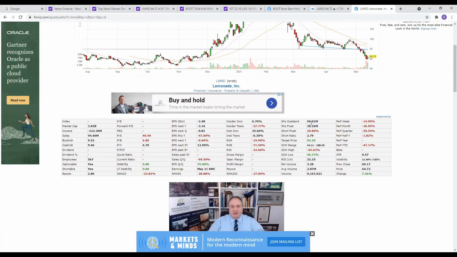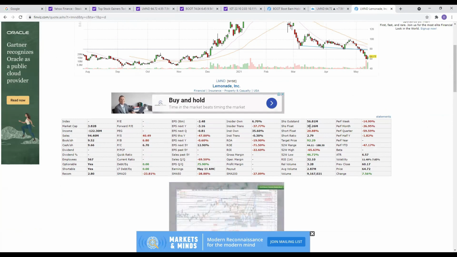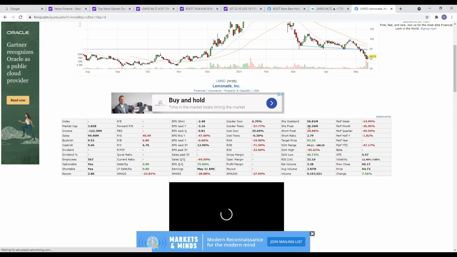The float is 38 million. The shares outstanding is 56 million. So the float is less than the shares outstanding, meaning that there are fewer shares available for trading than the total amount of shares issued. It is not as low as I would like, but I could still consider this.